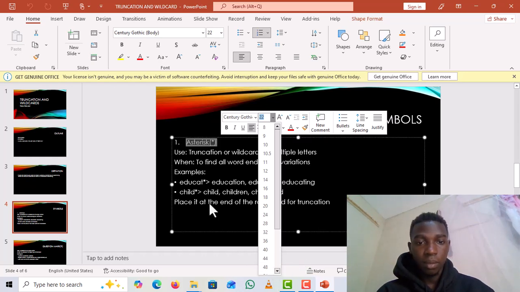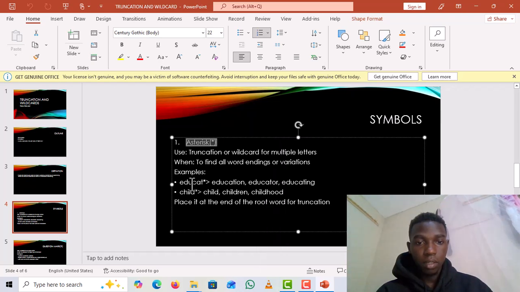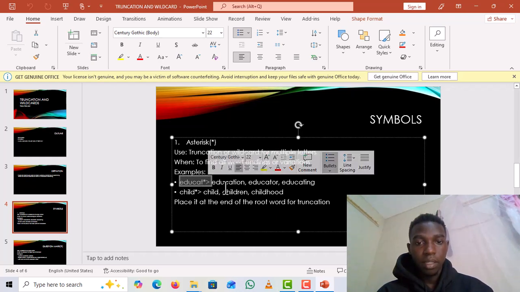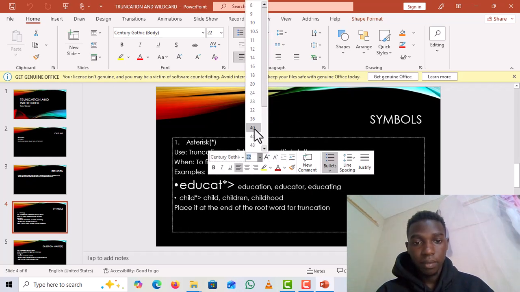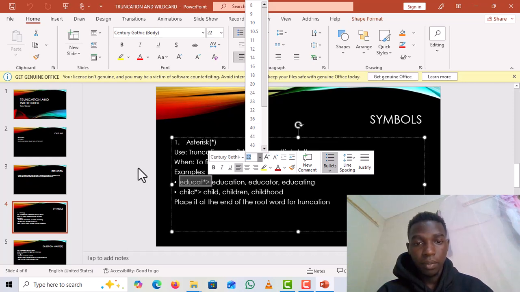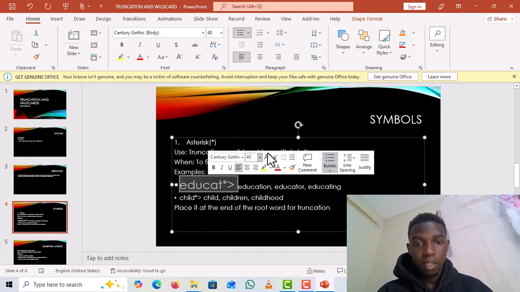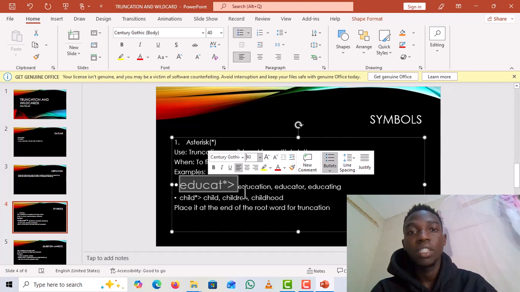Let me come here, another example. Educate. This one will stand for a variety. For example, if you say educate, it may mean education, educator, and educating; child, children, or childhood, instead of writing the whole words.